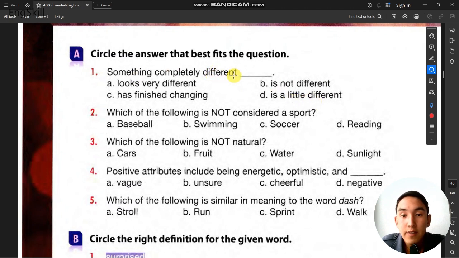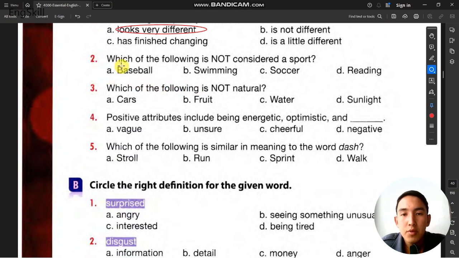Something completely different looks very different. Number 2. Which of the following is not considered a sport? Baseball, swimming, soccer, reading. Reading is not a sport.